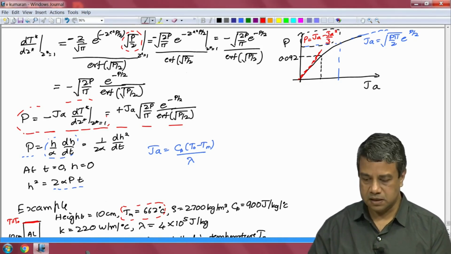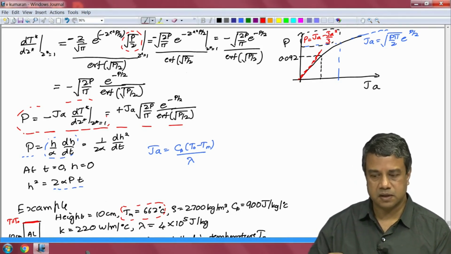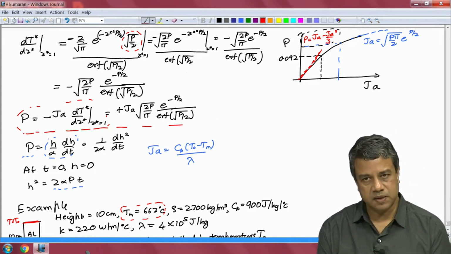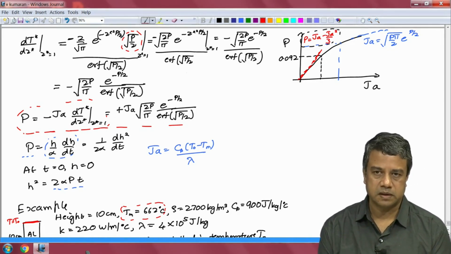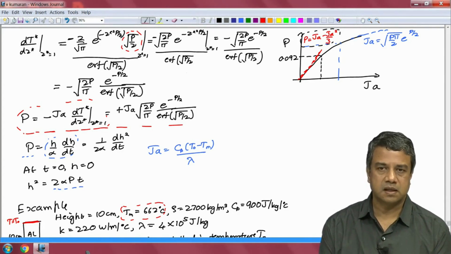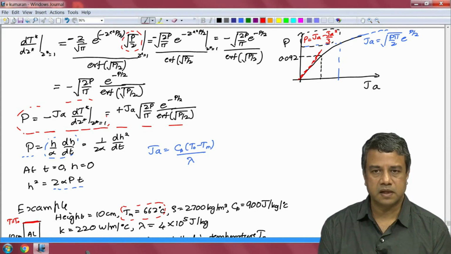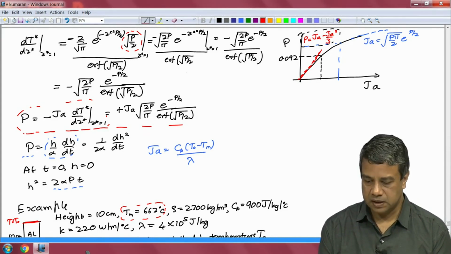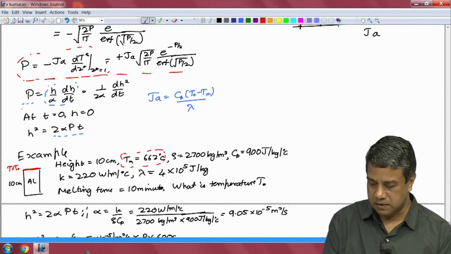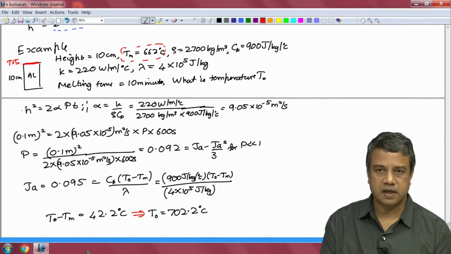Using that condition, I can get a condition based upon this non-dimensional temperature gradient at the surface and this dimensionless number called the Jakob number, which is basically the ratio of the sensible heat, for increasing temperature from Tm to T0, and the latent heat. And once I have that solution, I can find out how much time it is going to take for a material of a given height to melt.